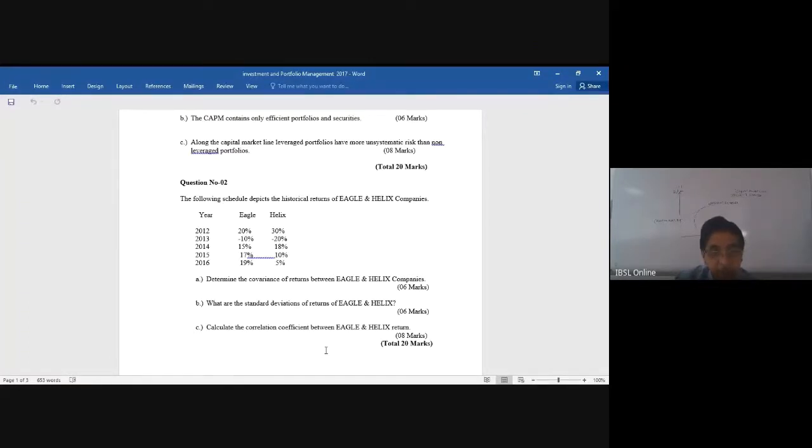Right. Now your task is to calculate the mean value for Eagle. What is the value for mean value? And what is the value for Helix?